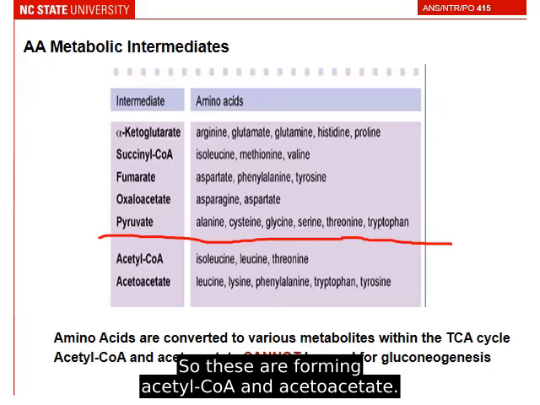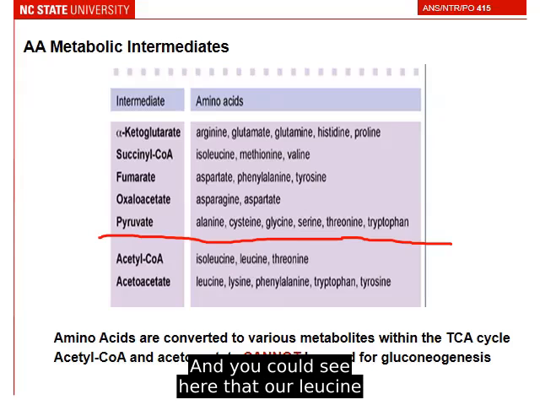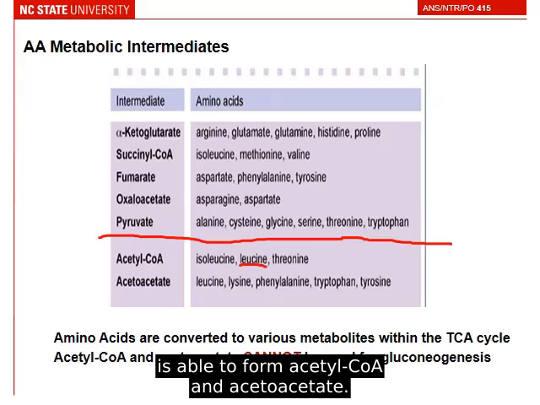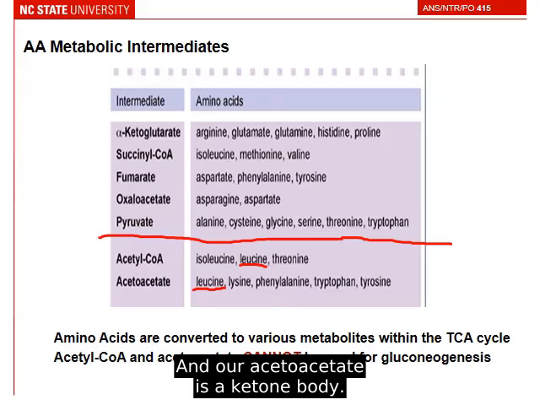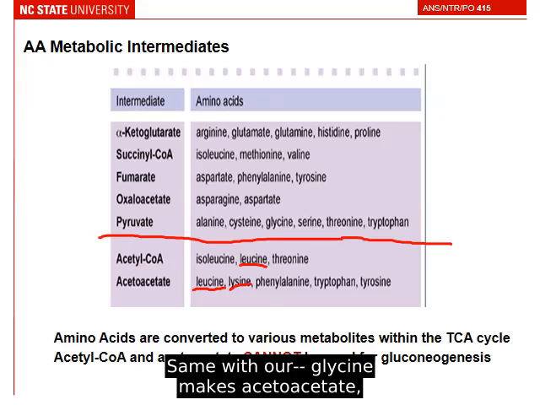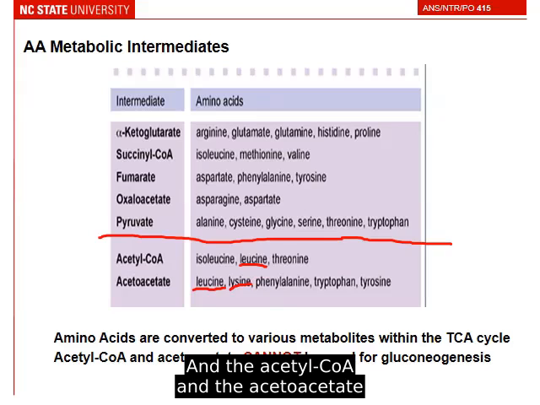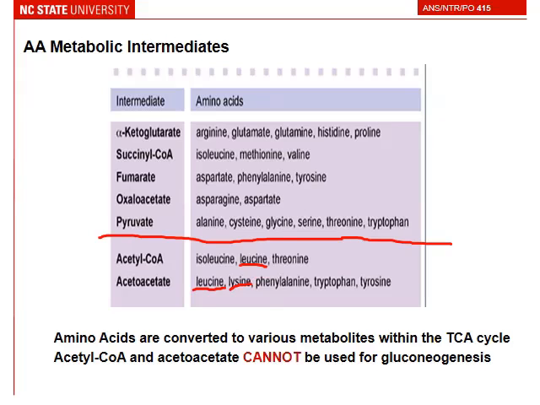These are forming acetyl-CoA and acetoacetate. You can see here that leucine is able to form acetyl-CoA and acetoacetate, and acetoacetate is a ketone body. Same with lysine, which makes acetoacetate, a ketone body. And the acetyl-CoA and the acetoacetate are not able to go into the TCA cycle.